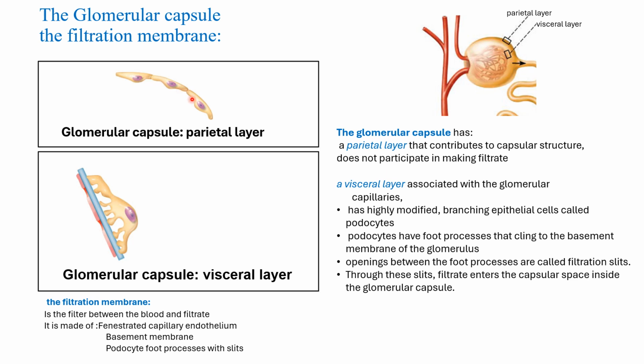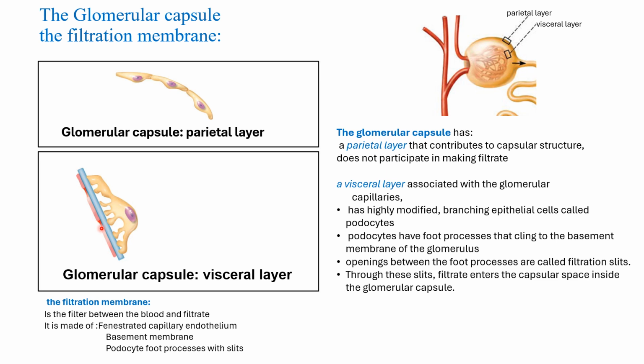This is the parietal layer of the glomerular capsule. As you can see, it is made up of thin squamous cells, and this portion does not take part in the filtration. And this is the visceral layer of the glomerular capsule. This cell is known as a podocyte, and these are its foot processes, and the foot processes are attached to the basement membrane of the capillary.